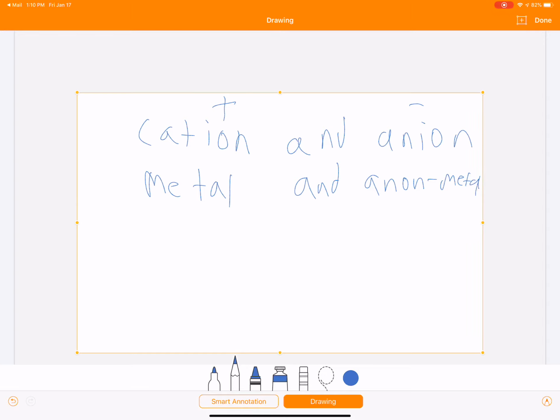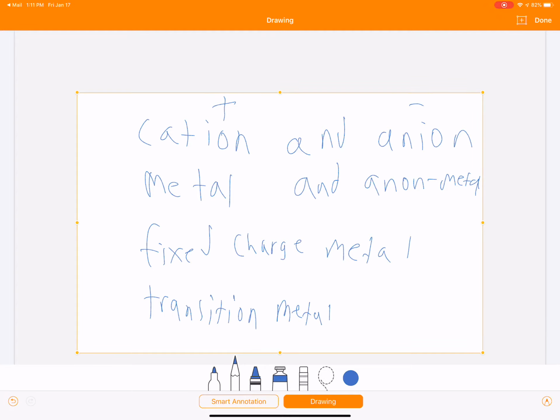Now, sorry, couldn't fit that there. So there's two types of main metals. You have a fixed charged metal, or you have a transition metal. Now, a transition metal is just a metal that can form multiple charges.